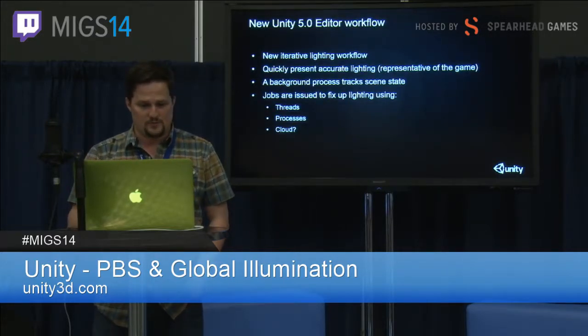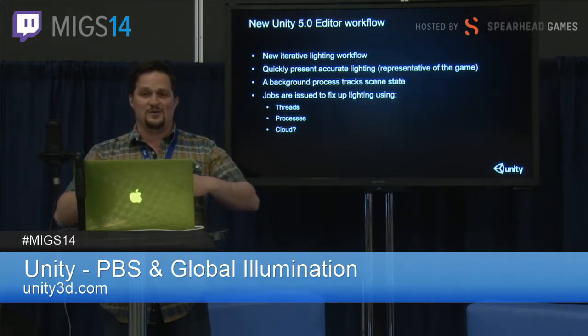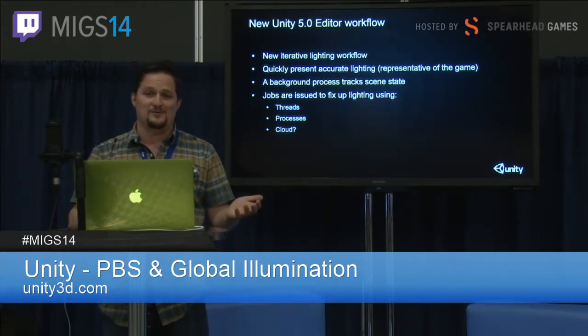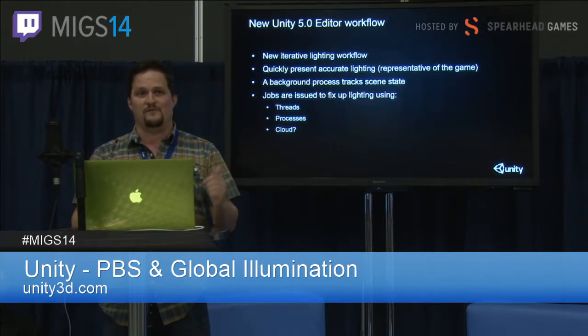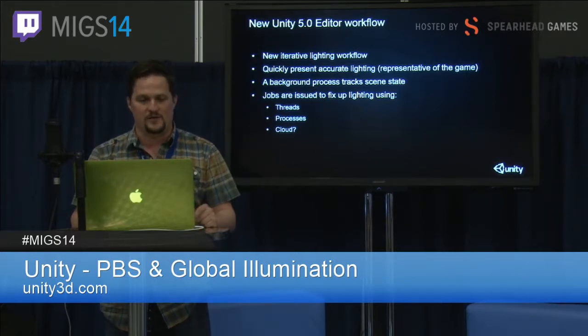It works in the background, so meanwhile you can continue to work, fine-tune everything, and as soon as you get a preview of what your scenes look like, you can adjust everything just in a matter of a couple of minutes.